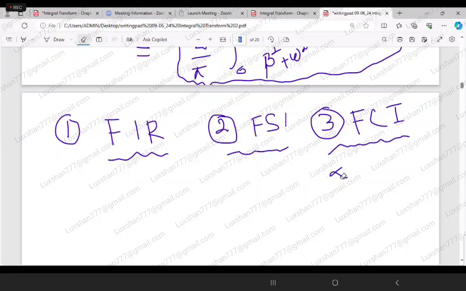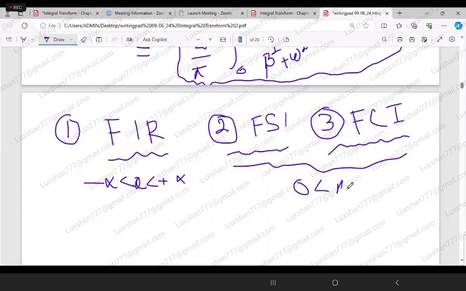Here actually the domain is minus infinity less than x less than plus infinity. Okay, in both those cases the domain is 0 less than x less than infinity.